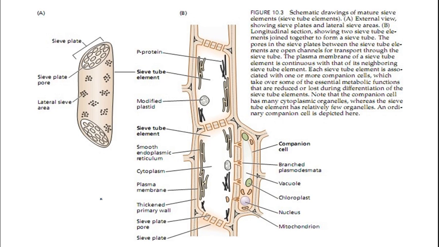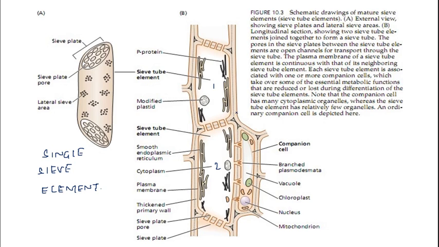Now look here, this is a schematic diagram of a mature sieve element. This is a single sieve element, the external view, and this is the longitudinal section showing two sieve elements, one and a second, connected together.